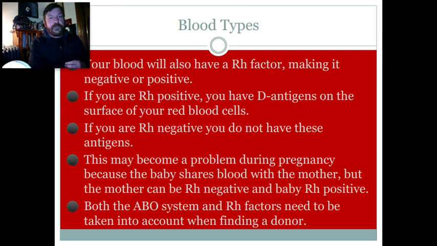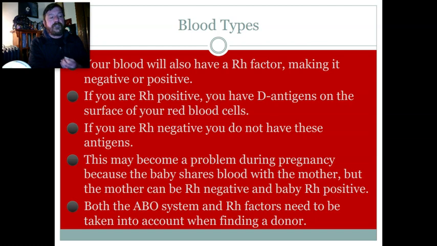There's also an RH factor. The RH factor is determining whether or not the blood type is positive or negative. It's another type of antigen that can appear on the exterior surface of the blood cell. The RH positive people have these D antigens. RH negative people do not have them.